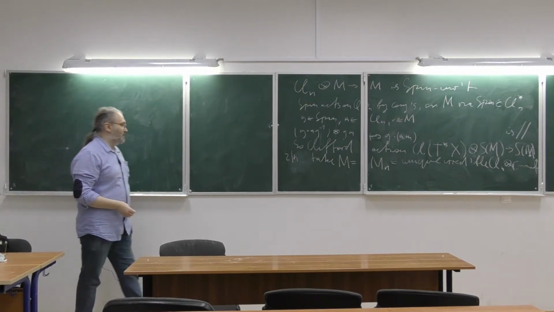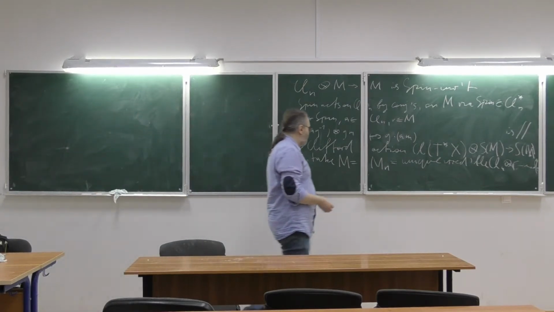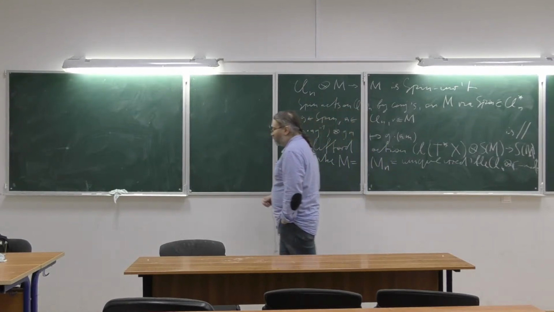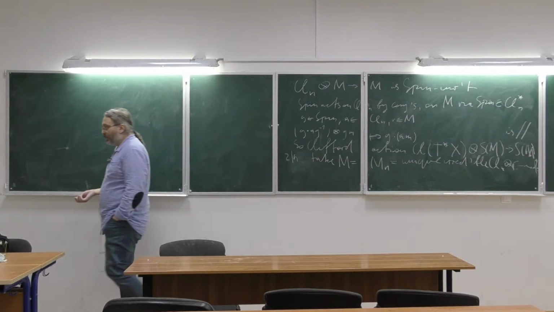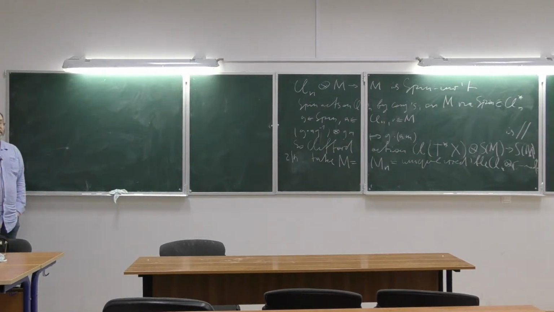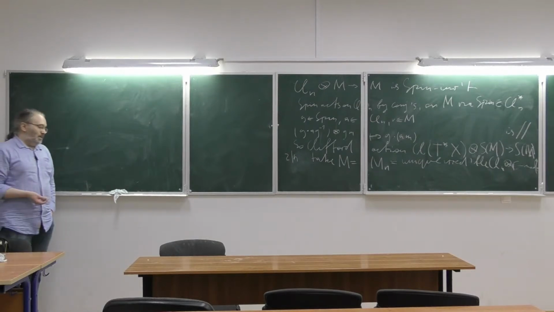Well, let's see. In the index formula, we have two ingredients. One never changes. It's the total class of the complexified, well, either normal bundle or the tangent bundle.